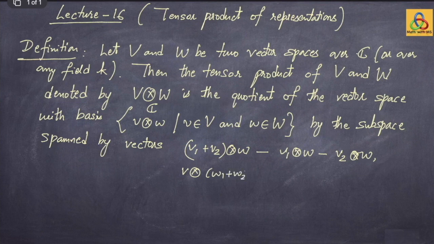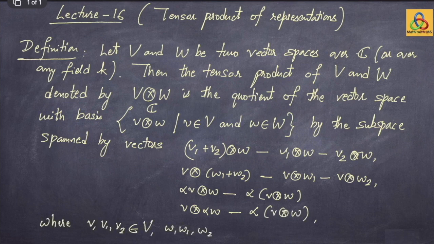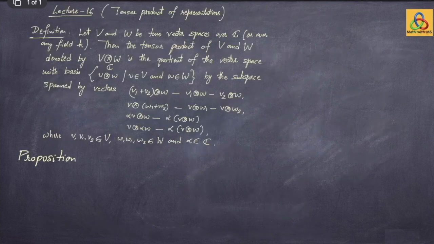Similarly, v tensor (w1 plus w2) minus v tensor w1 minus v tensor w2, and (alpha v) tensor w minus alpha times (v tensor w), similarly v tensor (alpha w) minus alpha times (v tensor w), where v, v1, v2 are vectors in V, w, w1, w2 are vectors in W, and alpha is of course a scalar complex number.